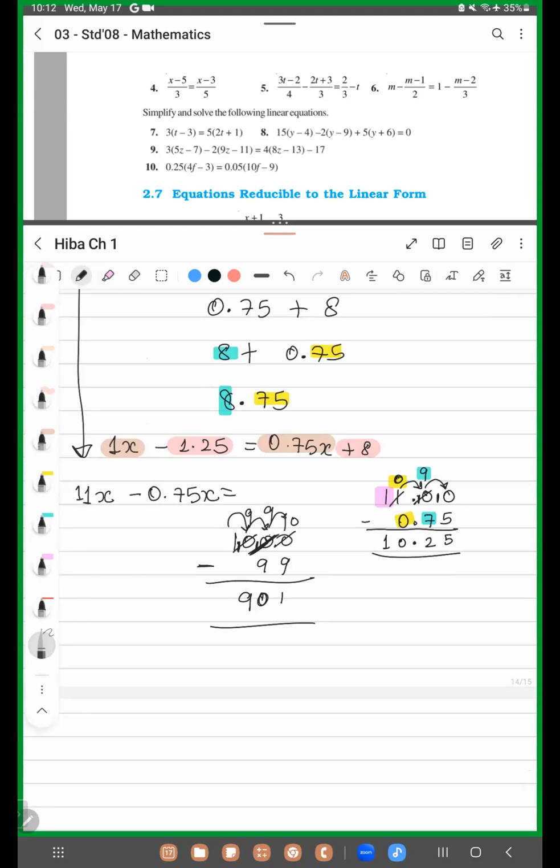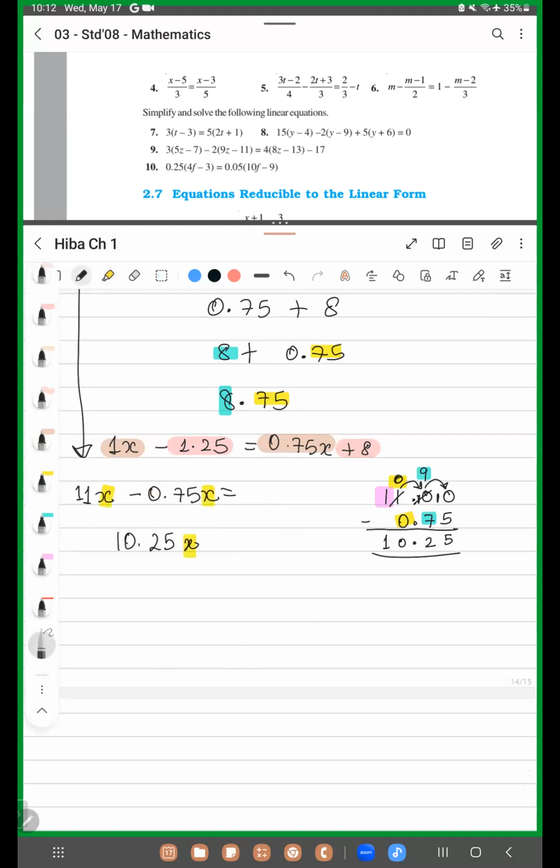It will be, wait, I'm doing 10.25. हाँ. So it becomes 10.25x. ठीक है हिबा? All right.